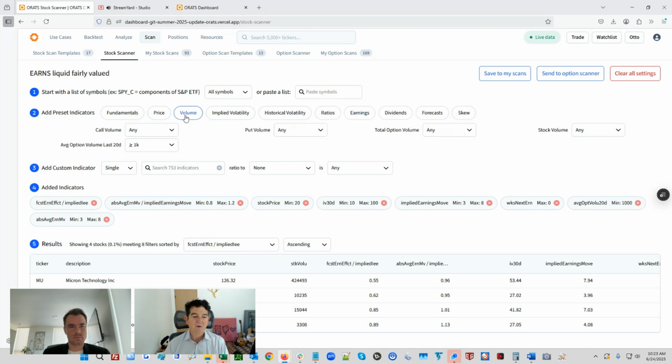And then I usually go to the volume, and I want the average volume over the last 20 days to be over 1,000. So that's my typical setup, there's a fair amount of earnings going on there. Yeah. And the earnings moves aren't crazy. There's a fair amount of liquidity, and earnings is coming up.